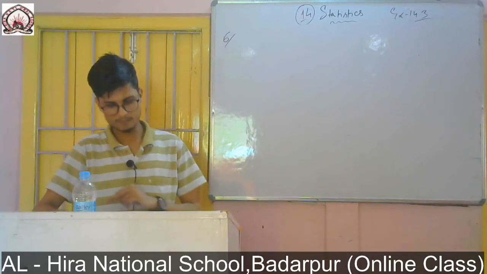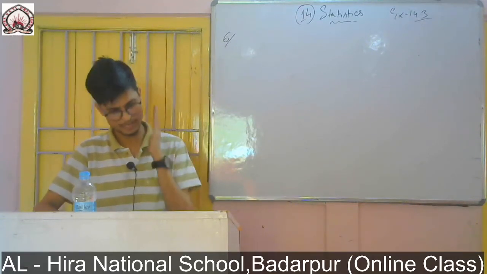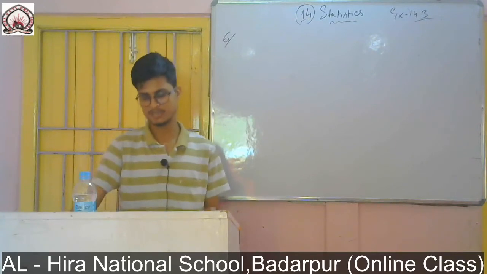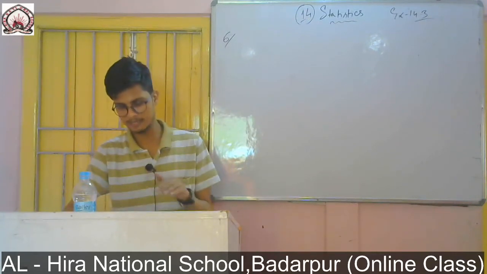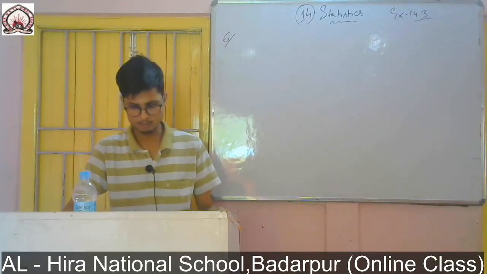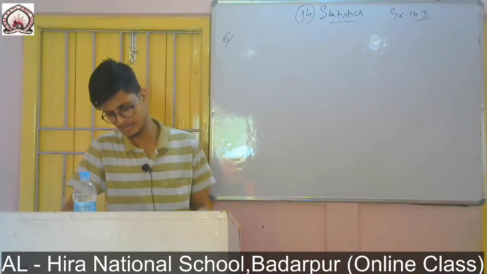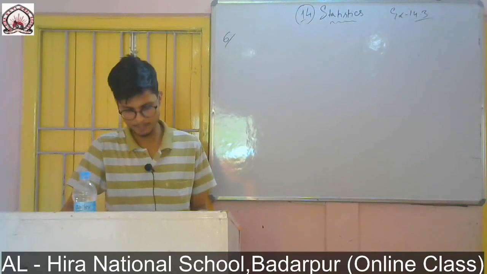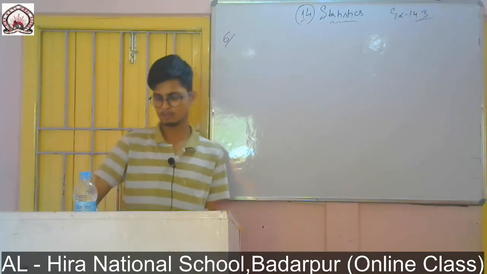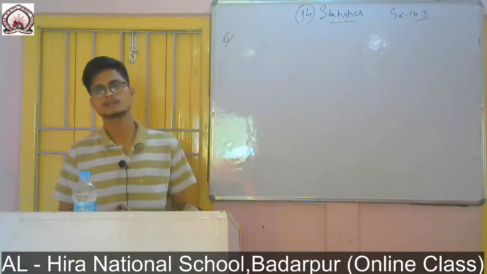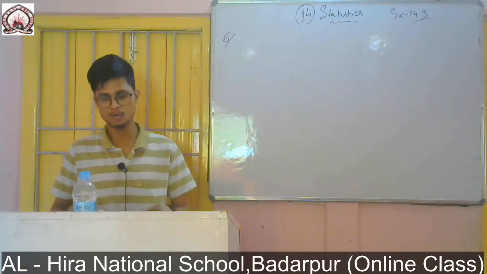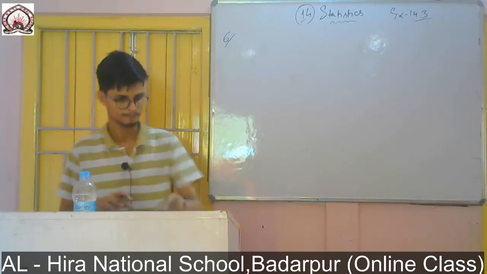Number of letters 1 to 4, number of surnames 6, then 4 to 7, 30, like this the intervals and the frequencies are given. The question is to determine the median number of letters in the surname, find the mean number of letters in the surname, and also find the modal size of the surname. That means mean, median and mode, all three things you have to find.